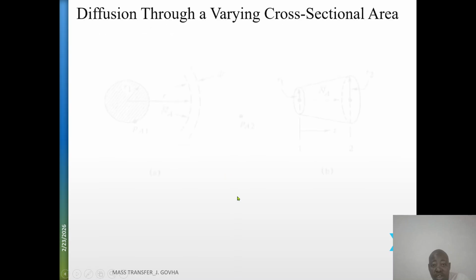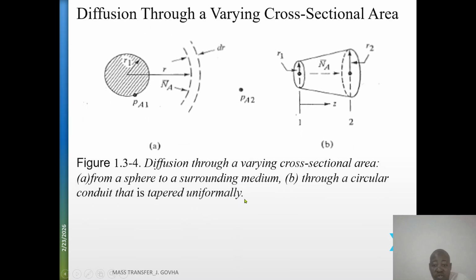If we assume steady state diffusion there, we want to see how to make use of this. So this one is diffusion from a sphere. Then B is through a circular conduit that is tapered uniformly.